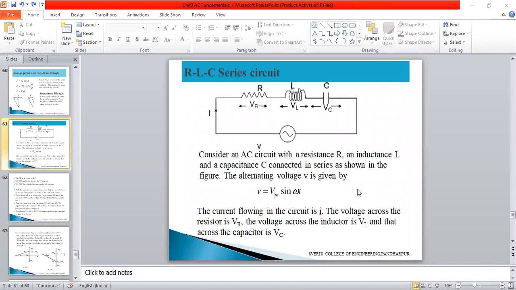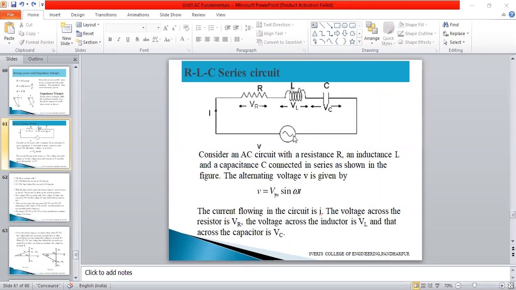series circuit. In this one, I have considered three circuit elements: resistance, capacitance and inductance. All are connected in series across an AC supply voltage. R, L, C are connected in series, and across the supply voltage.